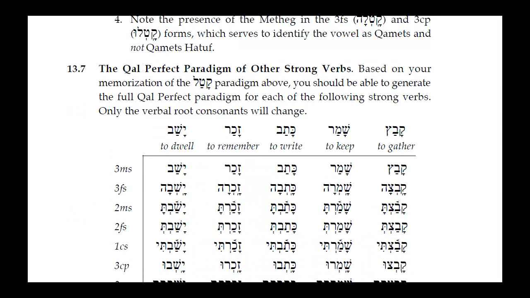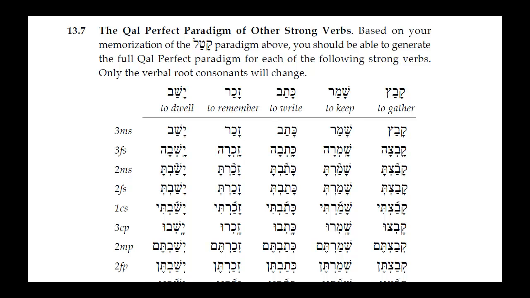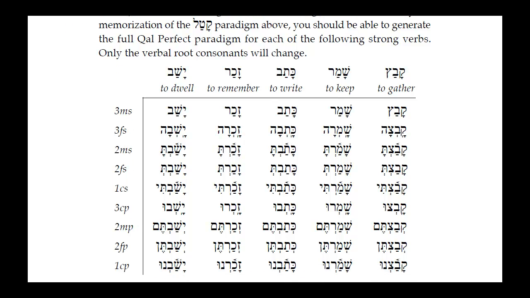Well, you can go down here to 13.7 and look at the different paradigms of these other verbs. You have yashav, to dwell: yashav, yashva, yashavta, yashavt, yashavti, yashvu, yashavtem, yashavten, and yashavnu.